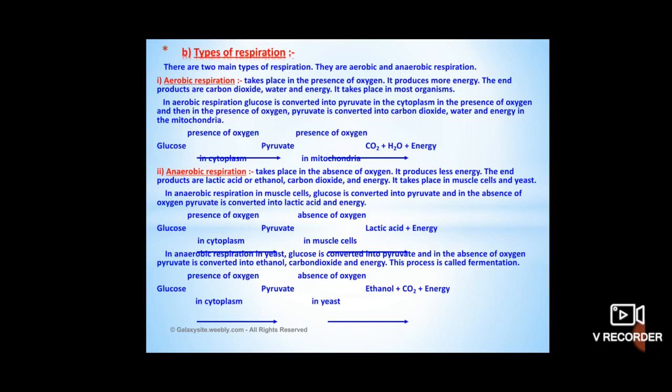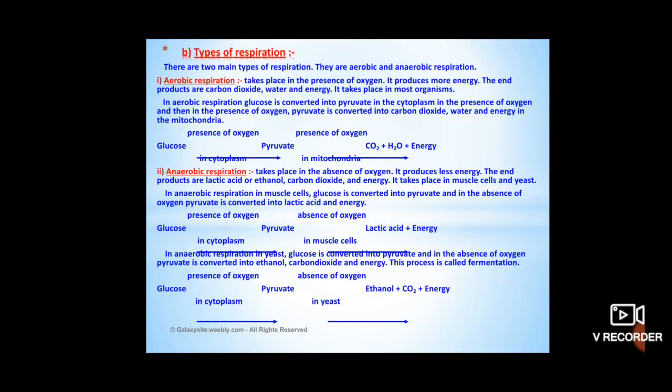There are two types of respiration, aerobic respiration and anaerobic respiration. Aerobic respiration is the respiration that takes place in the presence of oxygen. What are the products we get in aerobic respiration? Energy, carbon dioxide and water, and we get more energy as compared to anaerobic respiration.